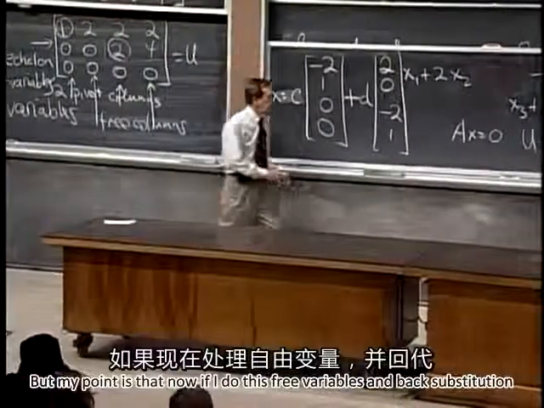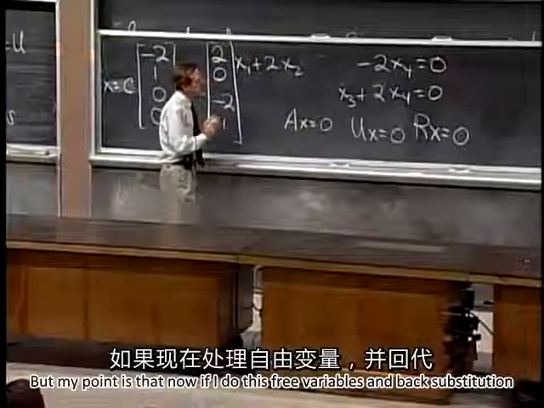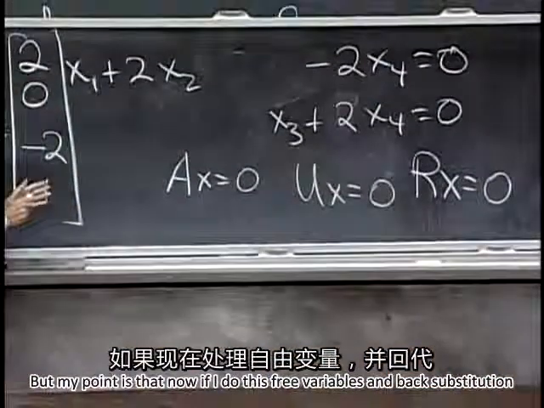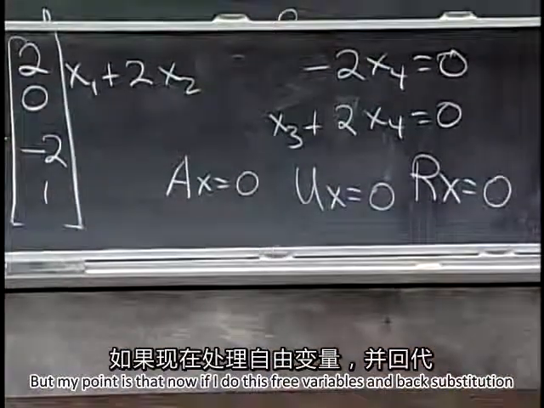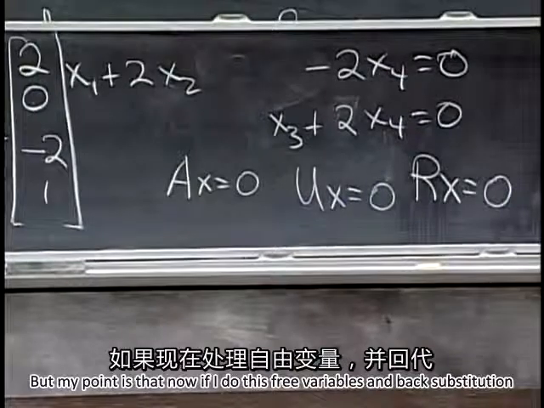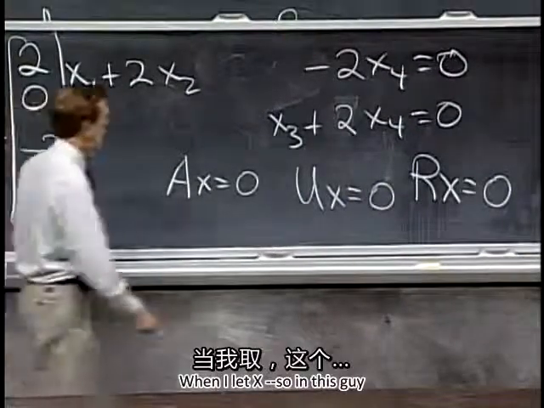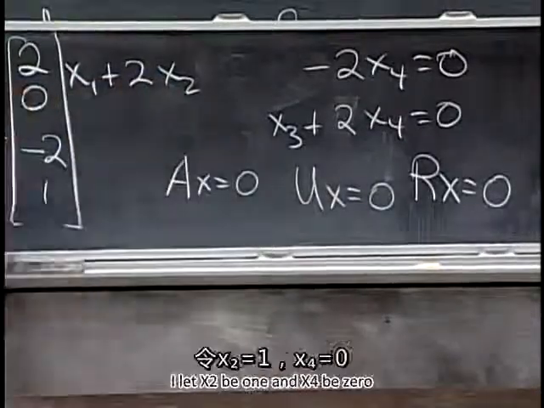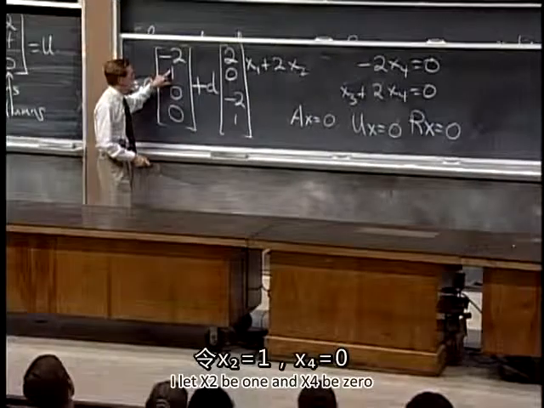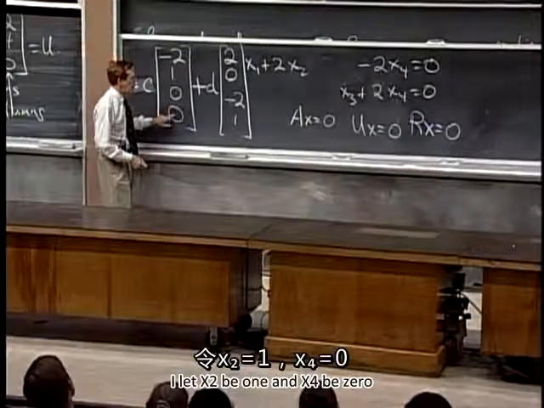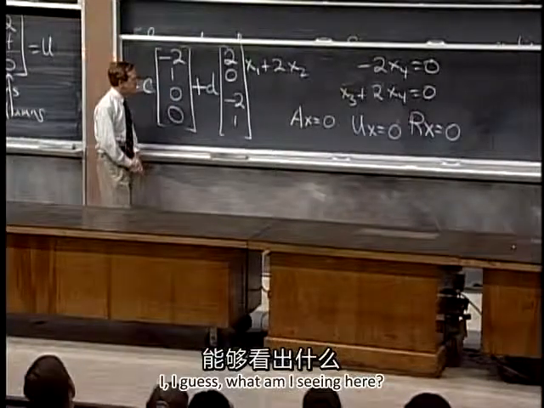Okay, but my point is that now, if I do this free variables and back substitution, the numbers are just there. When I let x2 be 1 and x4 be 0.